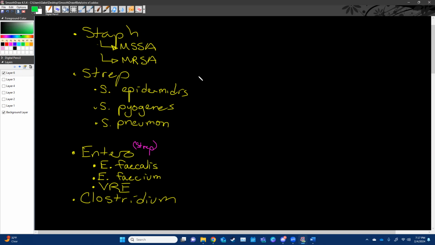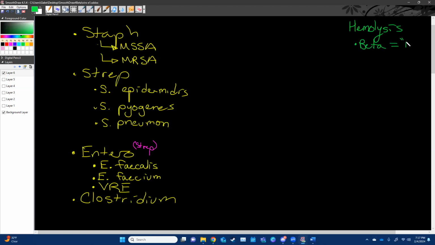So what kind of hemolysis is the worst? What kind of hemolysis eats 100% of the blood that's in the agar? Beta. Very nice.